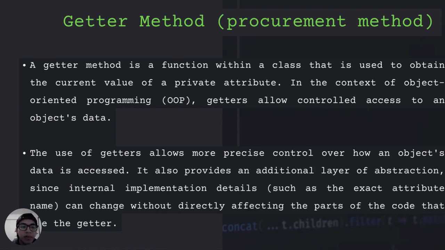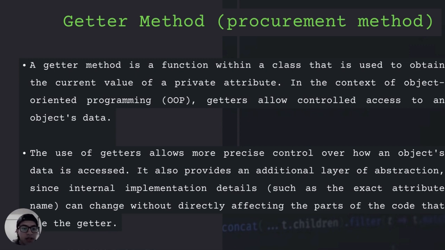Getter method. A getter method is a function within a class that is used to obtain the current value of a private attribute. In the context of object-oriented programming, or OOP, getters allow controlled access to an object's data.